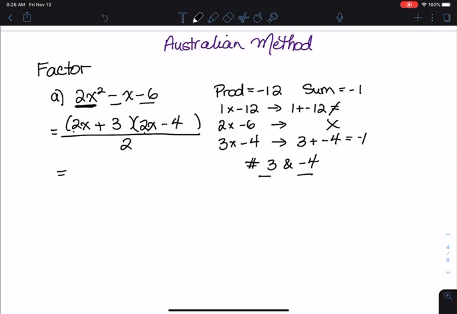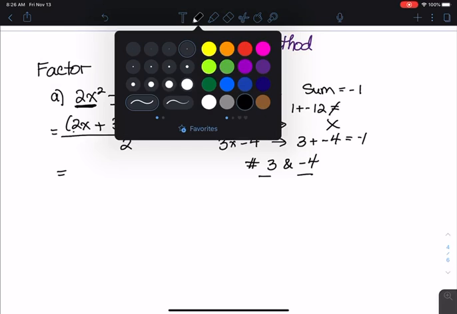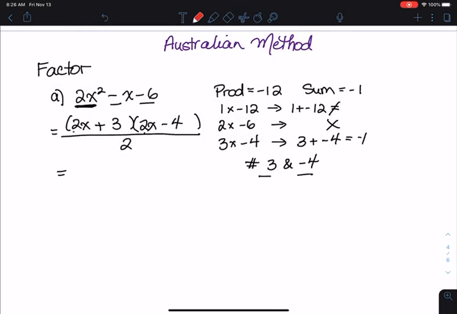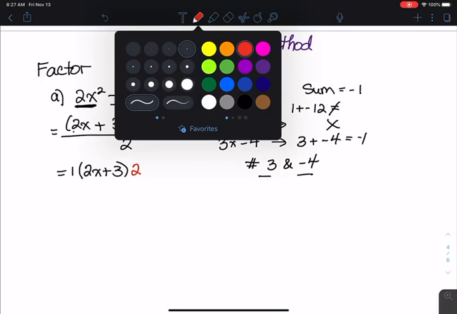Now, I'm going to common factor the two expressions. The first expression, if I look at that, the common factor is actually 1. The common factor of 2x plus 3 is 1, so I don't really need to do anything. That's 2x plus 3. And the common factor of 2x minus 4 is 2.